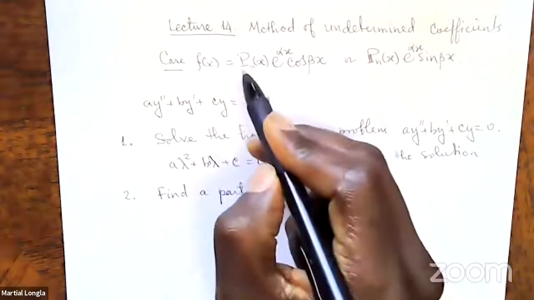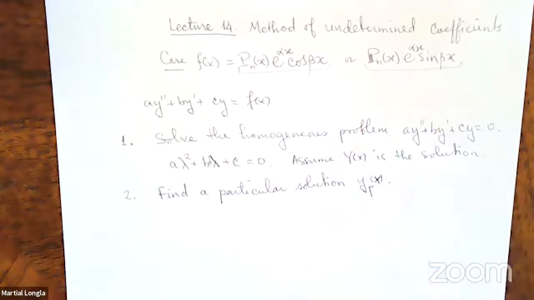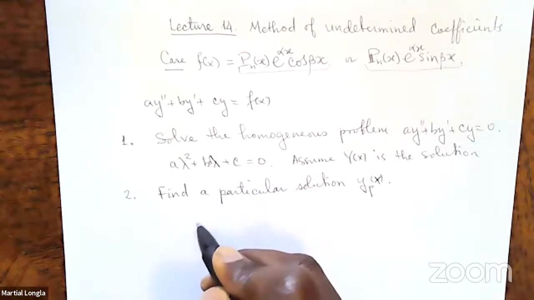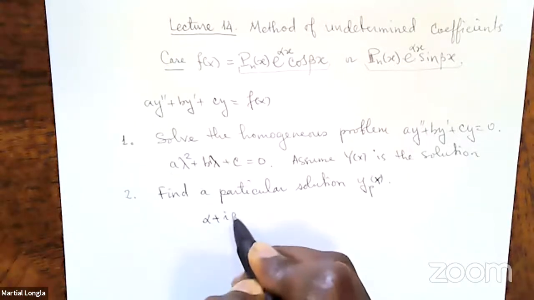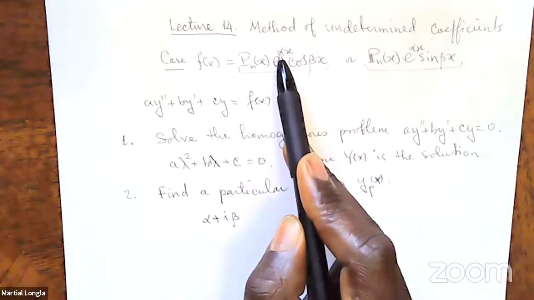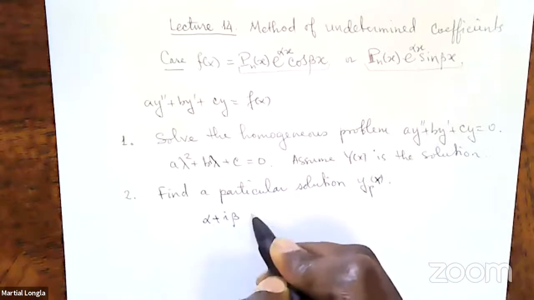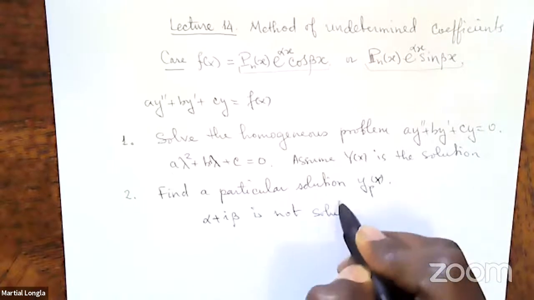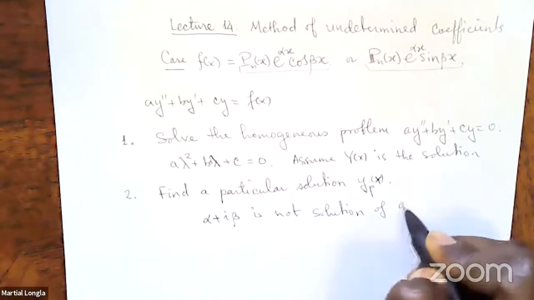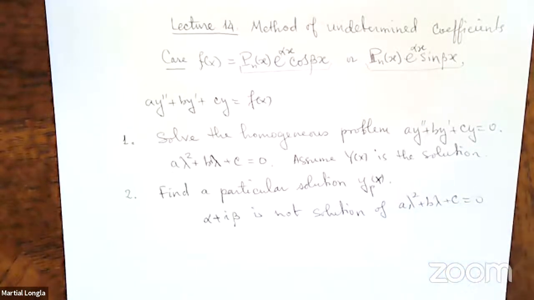No matter the case, this or that, our yp is going to have the same form, and that form will depend on whether alpha plus i times beta, alpha being the one from the exponential and beta being from the cosine, is not a solution of a lambda squared plus b lambda plus c equals 0.